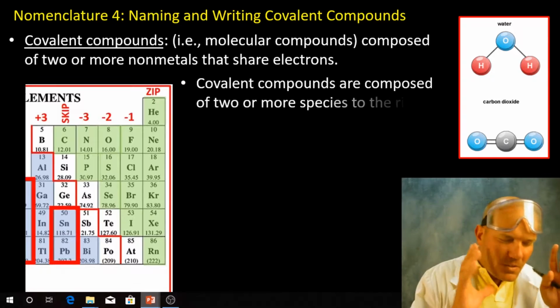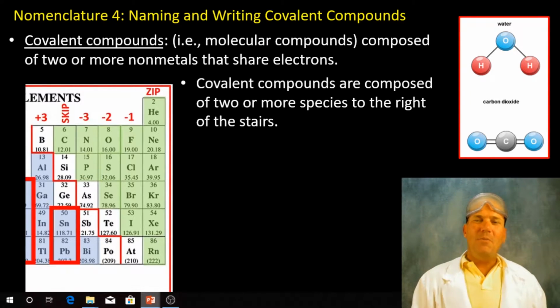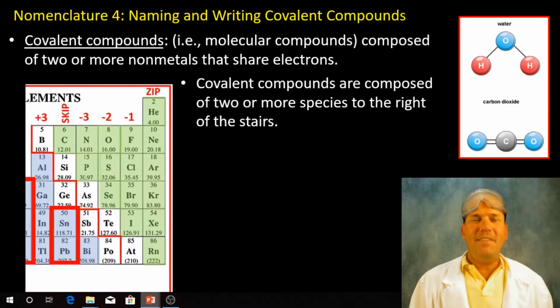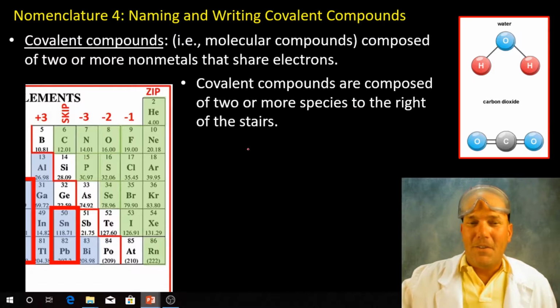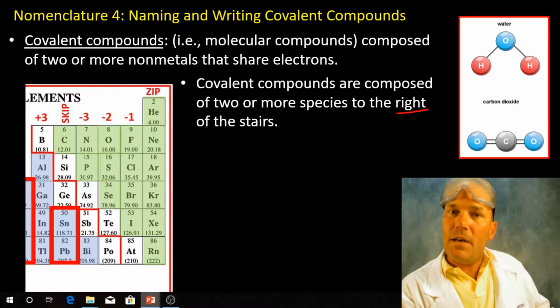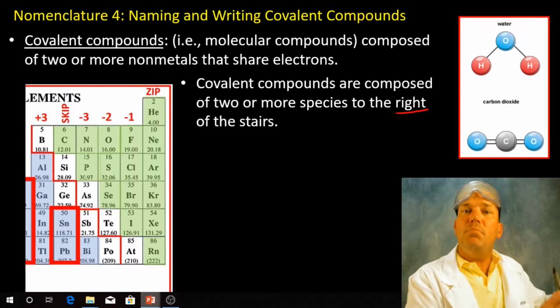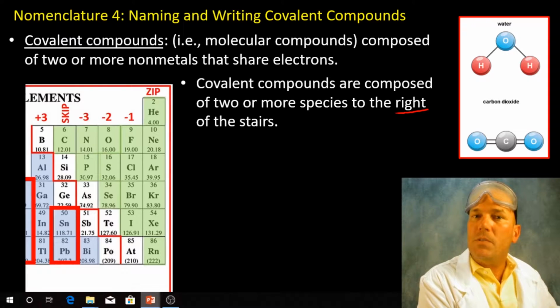So, if we look at the periodic table, you will notice that these species are to the right of the stairs. Okay? So that's a big deal. So we're not looking at any of the elements that you colored in blue in Nomenclature 1 and 2. Those are metals.